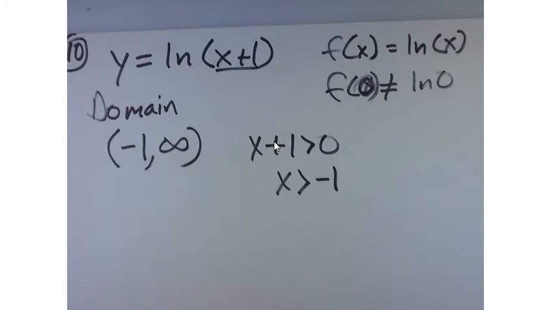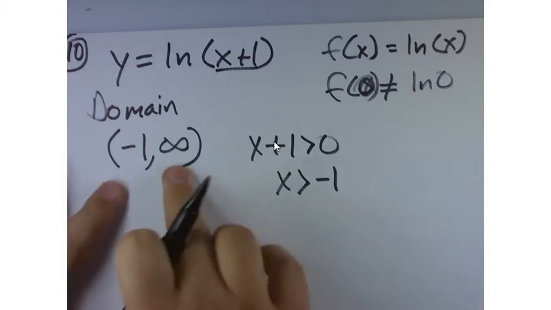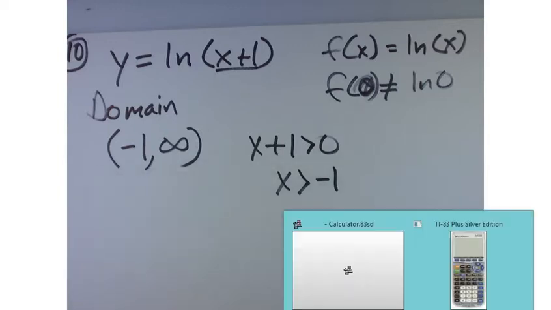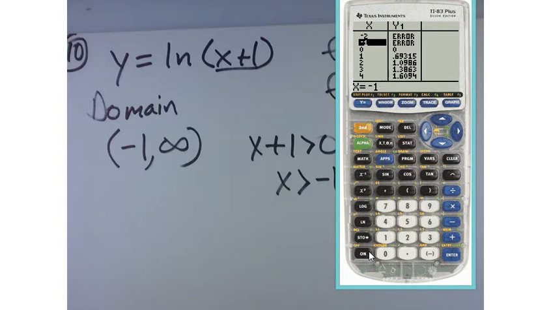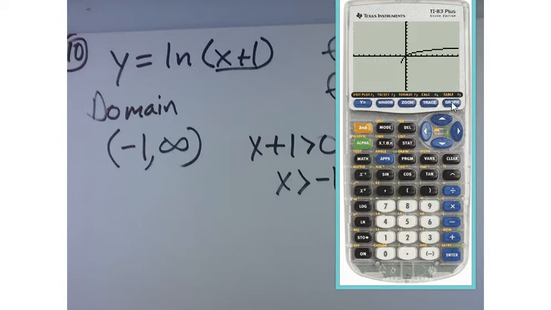Now technically it's continuous across the domain. According to the formal definition, it's continuous across the domain because this is the domain of the function. So if I were to say to you, is this a continuous function, what are you supposed to say? Yes. Because we've defined the domain from negative 1 to positive infinity.